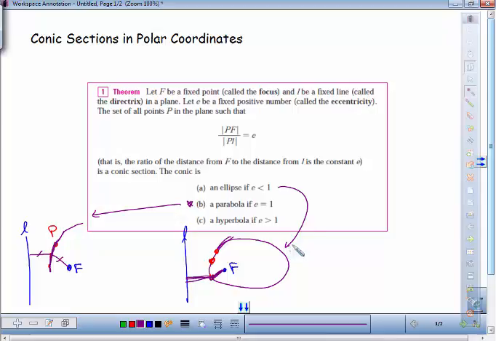For an ellipse, the eccentricity is going to be less than 1. Whether you get the picture or not, we can just wave that off and say, as long as we know, if we can identify the eccentricity and the eccentricity is less than 1, then we know that that's going to be an ellipse. Yes?